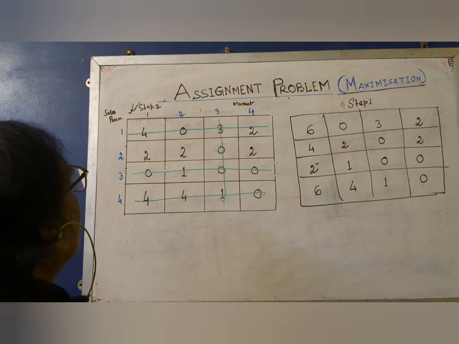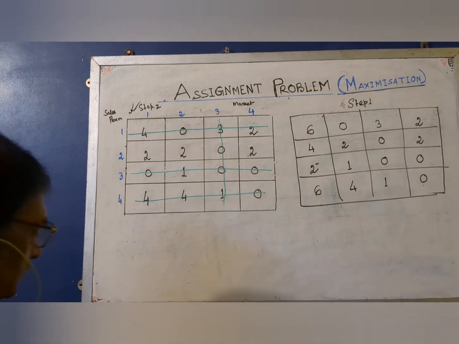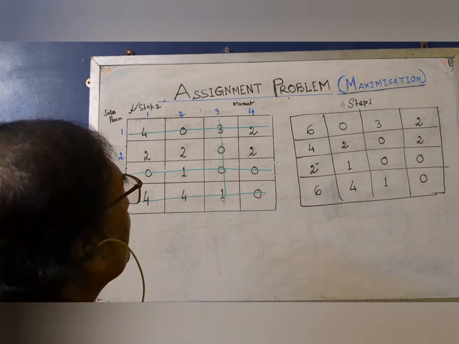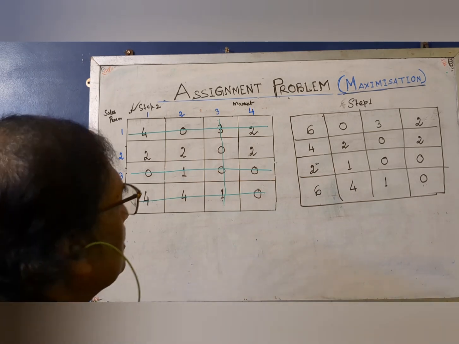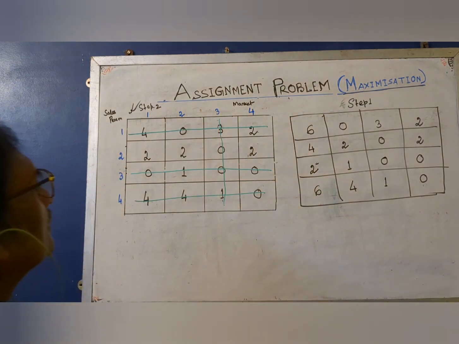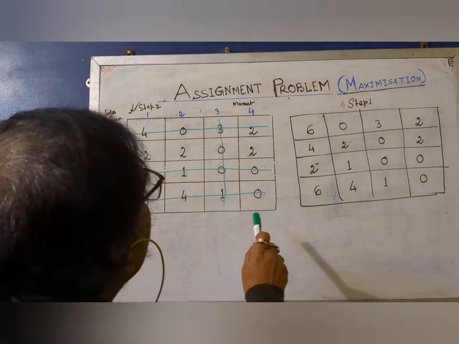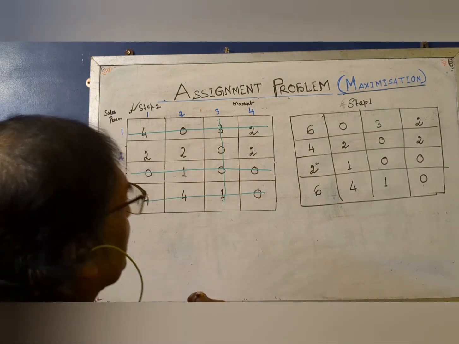You cannot draw the lines in this way or this way. You can draw only horizontal or vertical lines, but you should take care that it is the minimum number of lines, not any number of lines. I think this is the minimum number of lines. It is not possible to touch all the zeros by a lesser number of lines. You can check it by yourself.